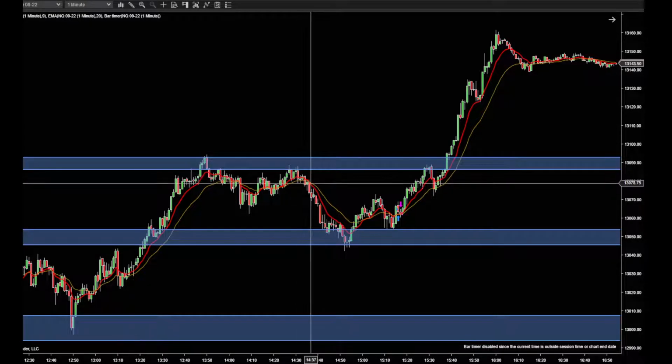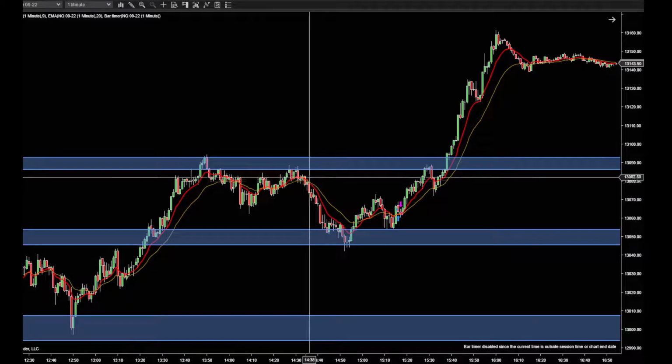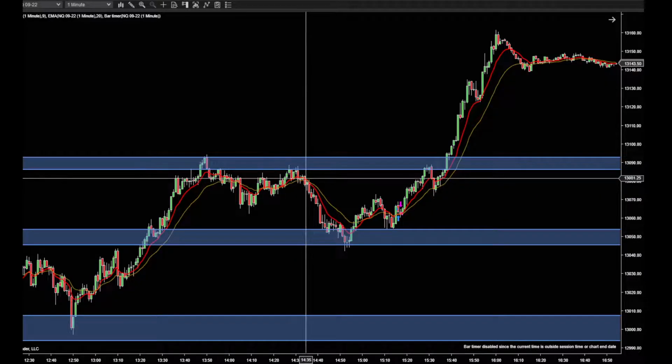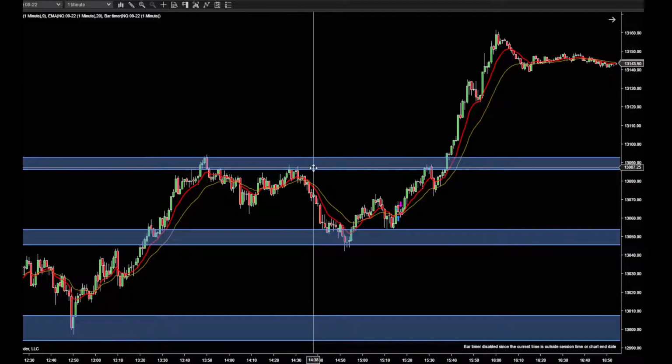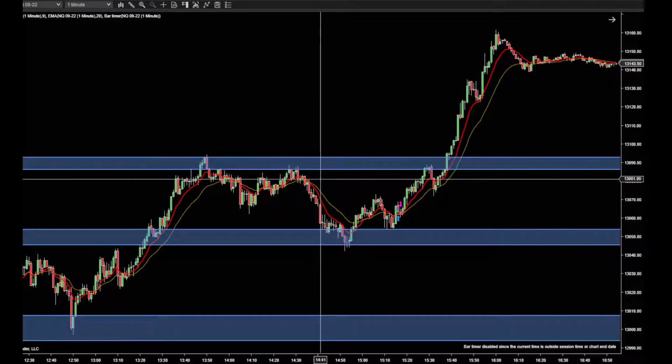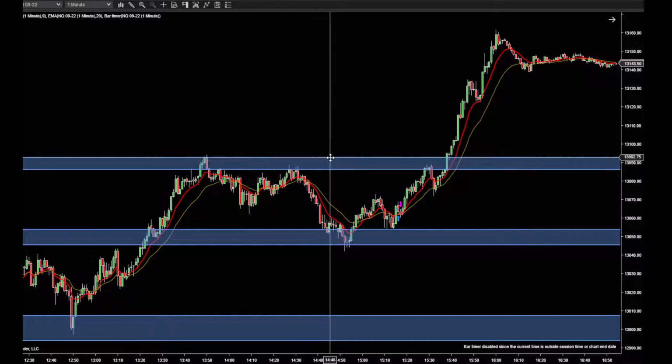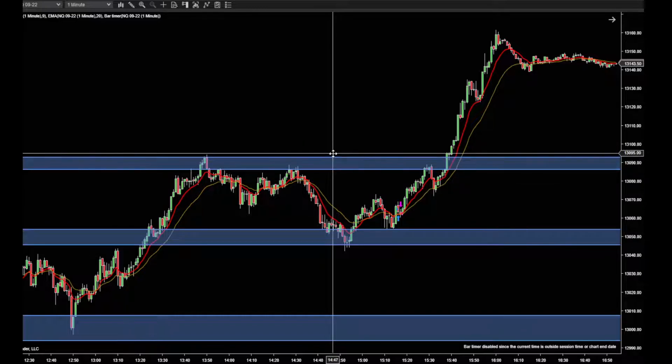So you get in right here, put your stop above the resistance area. So if you get in right about 13,081, put your stop a little bit above that, about 95.